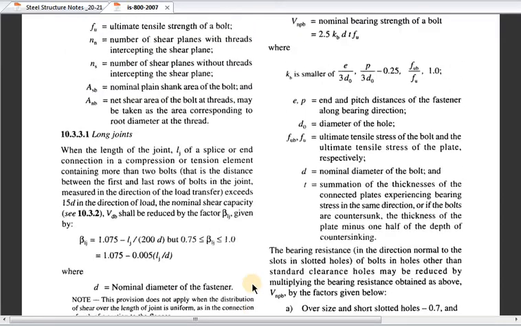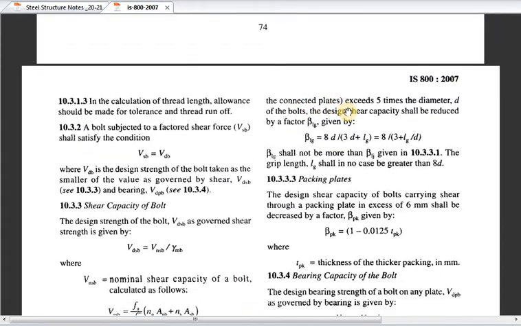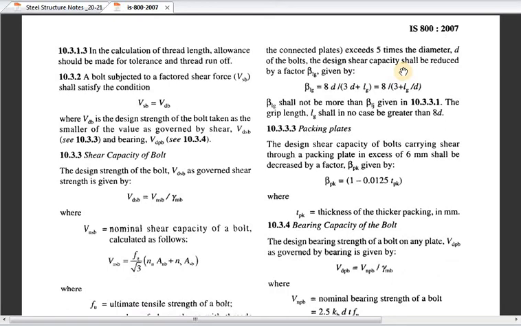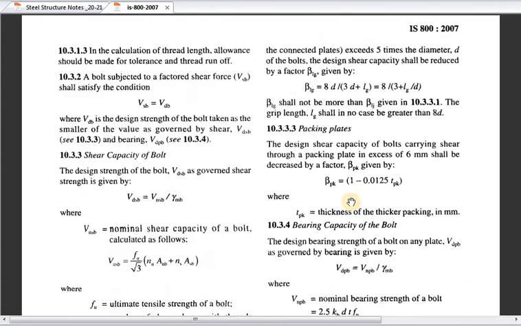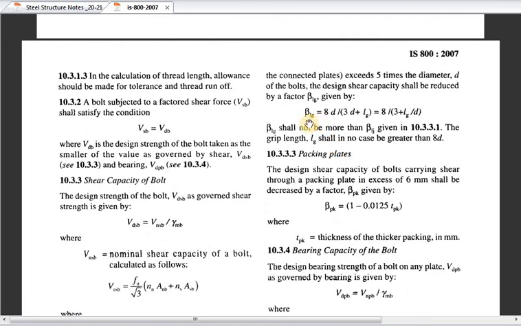So when the grip length, equal to the total length of the connection plates, exceeds 5 times the diameter D of the bolt, the design shear capacity shall be reduced by factors of beta Lj, beta Lg, when there is a condition. What is that condition? Large grip length. When the grip length is larger, then we have to use this extra factor, which has been multiplied in this formula, beta Lj also.